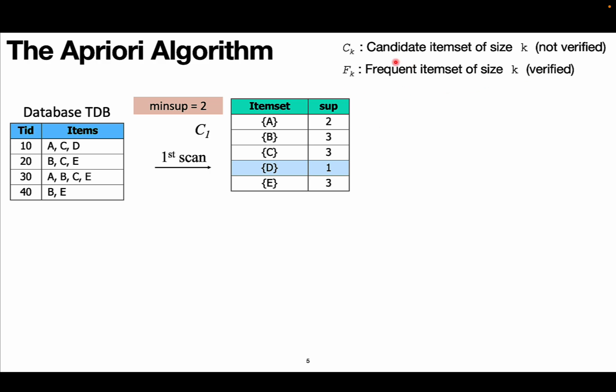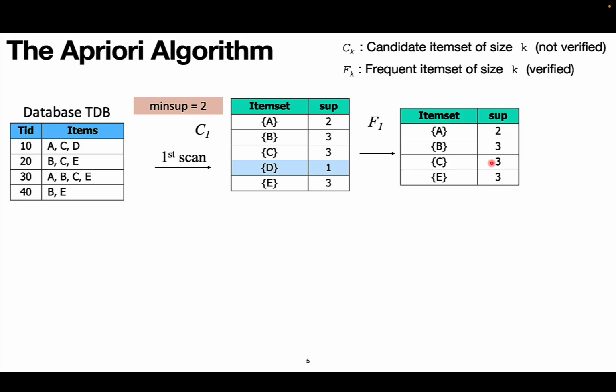Notice that the candidate item sets are not verified yet. After that, the algorithm prunes the item sets that do not satisfy the minimum support. In this case, the algorithm got rid of D with support 1.